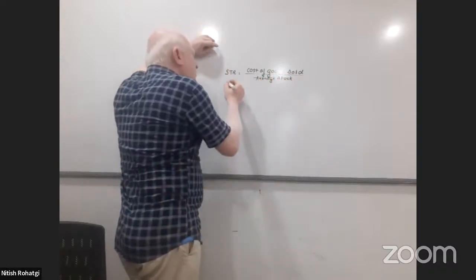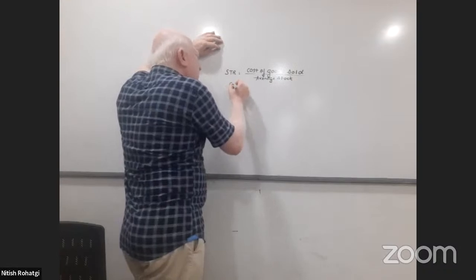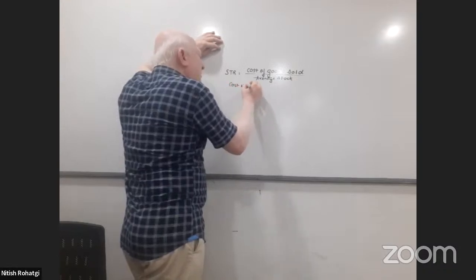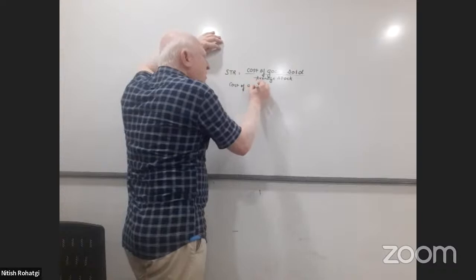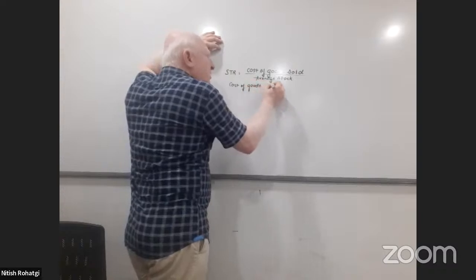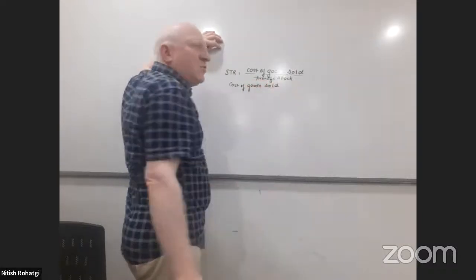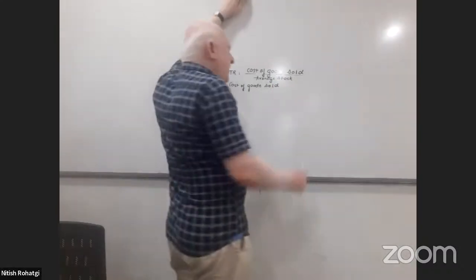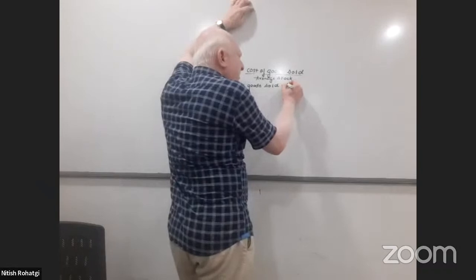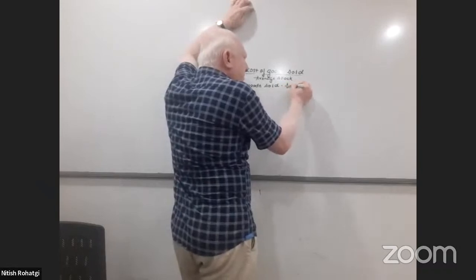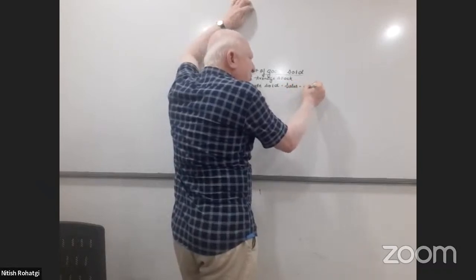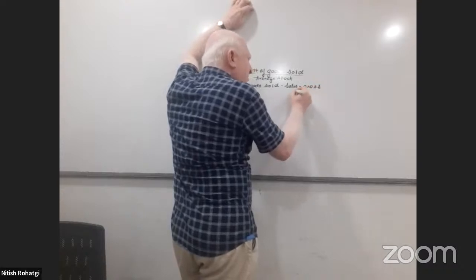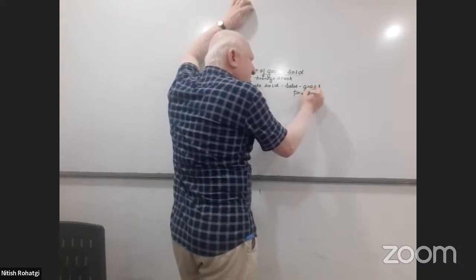Now, how to calculate cost of goods sold? There are different ways of calculating, but which formula is going to be used over here? Revenue from operation is also known as sales. Gross profit is rupees 1 lakh. So the formula that you're going to use is sales minus gross profit.